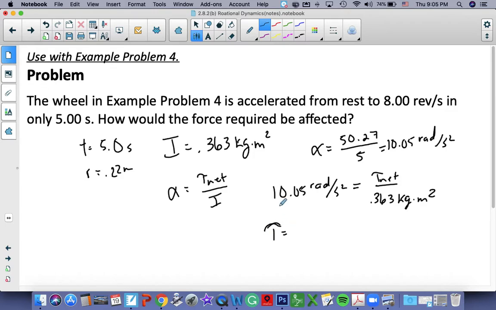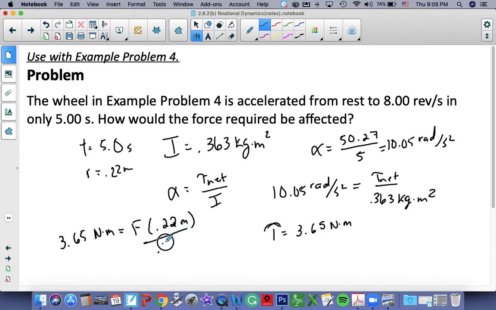And we will get a torque of 3.65 Newton meters. Okay, so now we'll use that in our torque equation. So 3.65 Newton meters is equal to force times radius. So force we don't know times the radius.